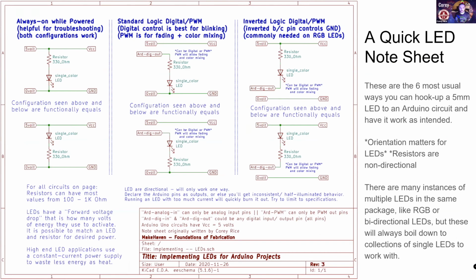Those are all important things that hopefully this note sheet will help you determine. It's got a fair amount of notes on there that hopefully, fingers crossed, will help you get it right, or check to see how you got it wrong so that you can correct it. So this is something that you can come and take a look at. But basically, this is going to work even if we have RGB LEDs, because RGB LEDs are basically the same thing, just a triple package.